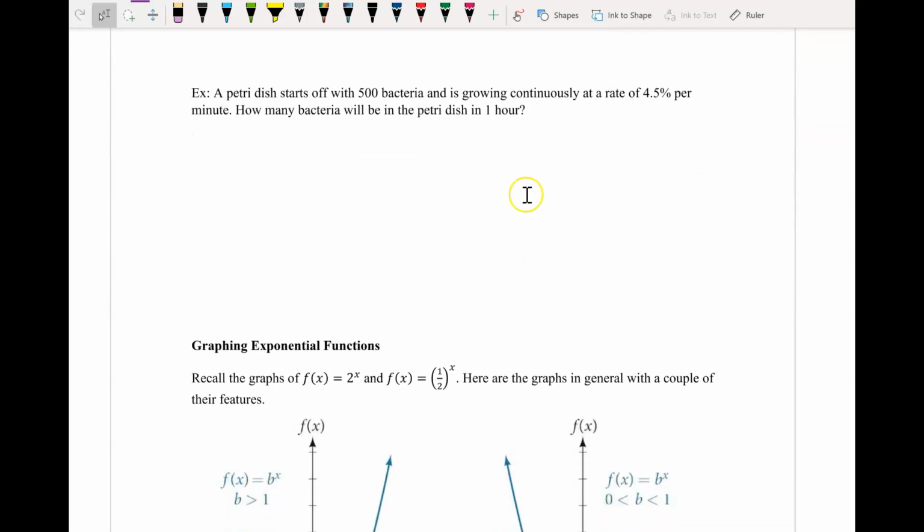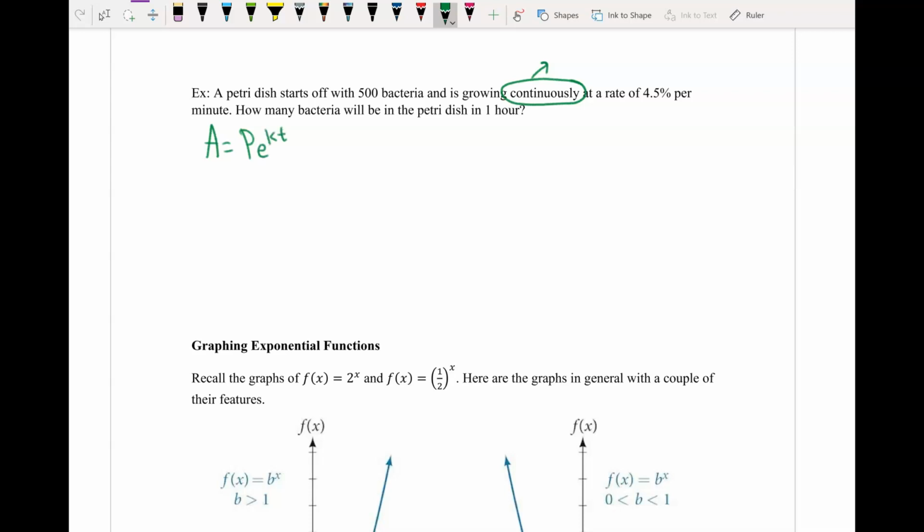Here we have a petri dish that starts off with 500 bacteria, and it's growing continuously at a rate of 4.5% per minute. How many bacteria will be in the petri dish in 1 hour? You can see that this is growing continuously, so I should use the formula A equals Pe^(kt).